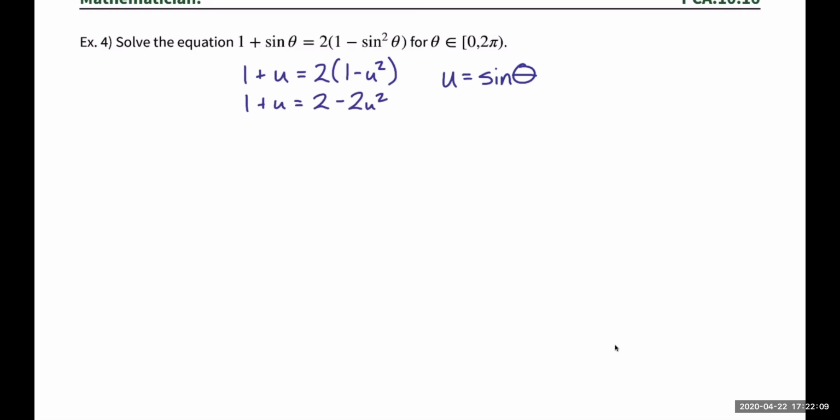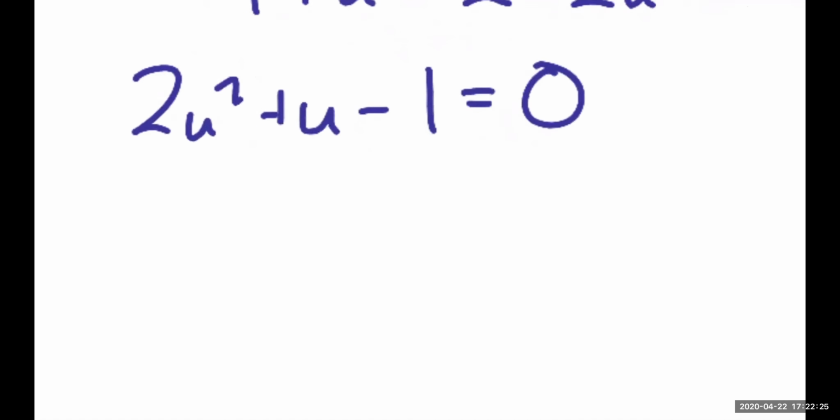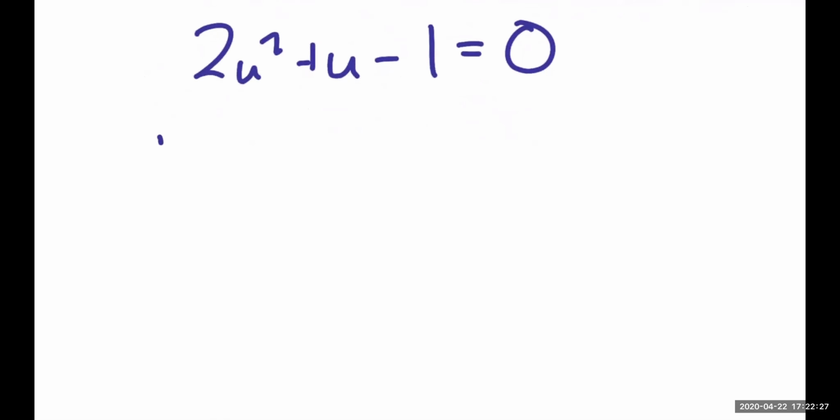And then I can see a square, I can see a linear u. Let's just get everything on the same side here. I'm going to add that 2u squared over here. We've got a plus u, and then subtract the 2 and we've got -1, and that'll be equal to 0. And now it's up to us to factor this expression.